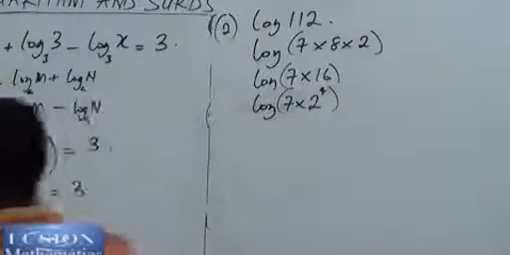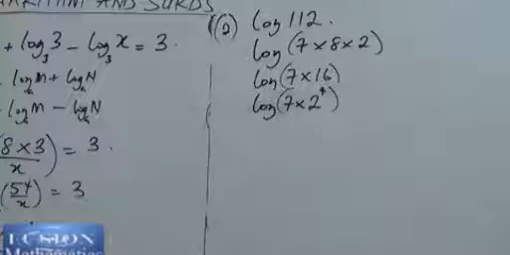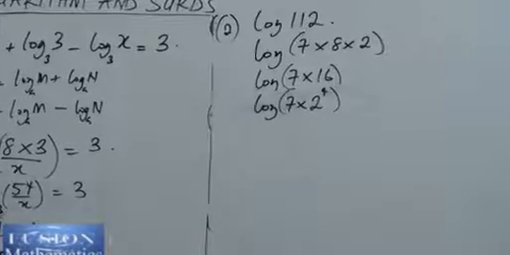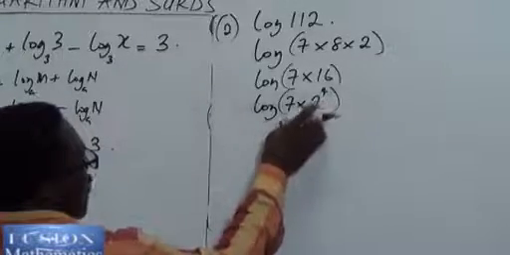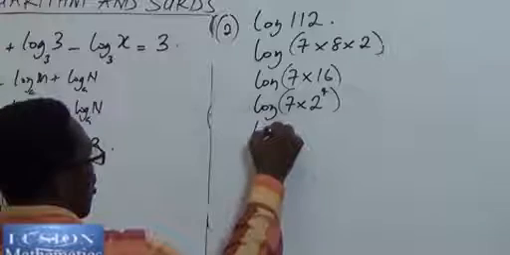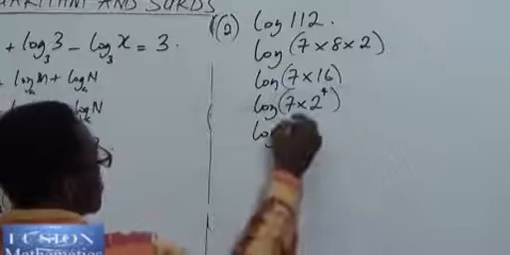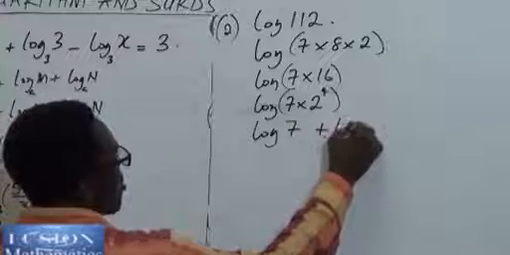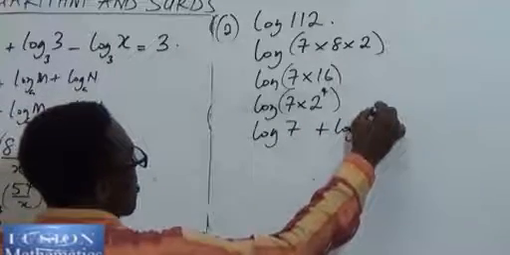Now from our question, we have been given the values of log 2 and log 7. So we put it into that expression. But first of all, let's separate it. That is log 7, using our first law, will be log 7 plus log 2 raised to power 4.